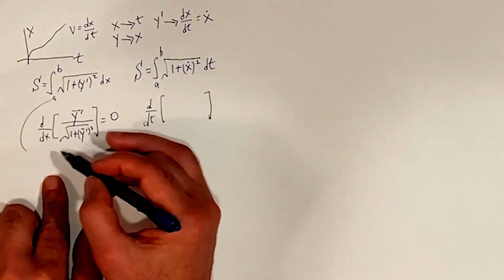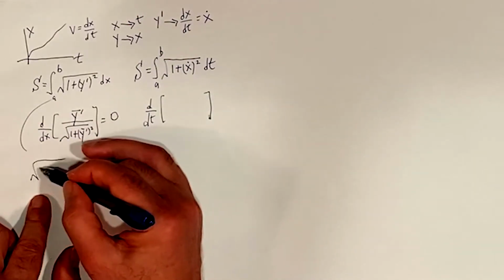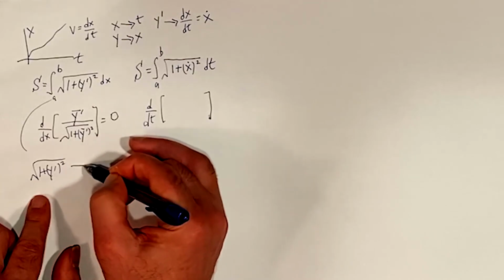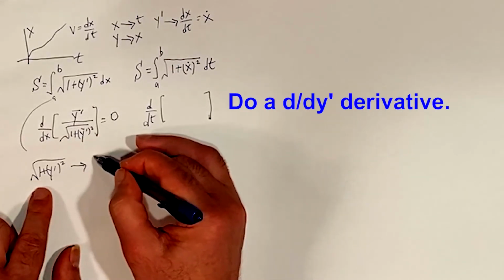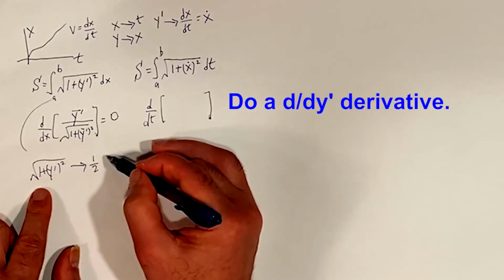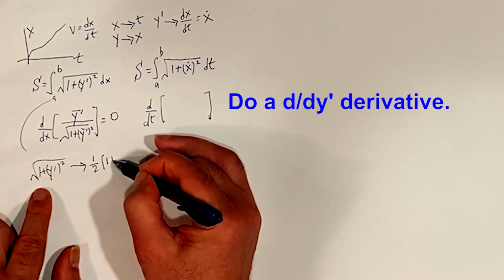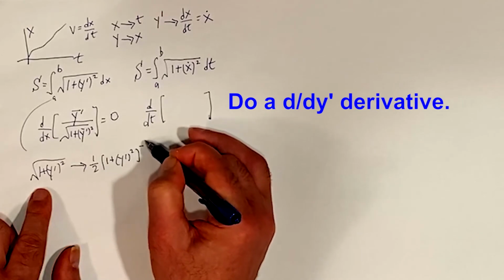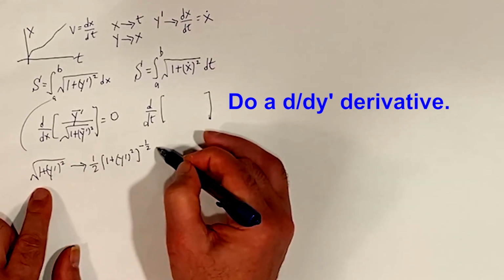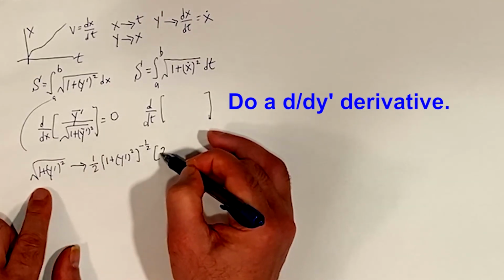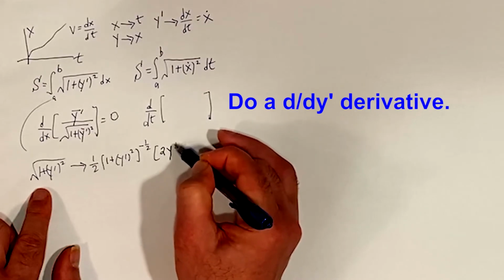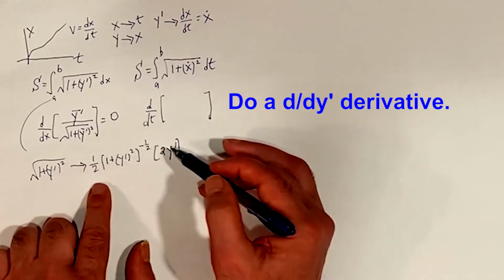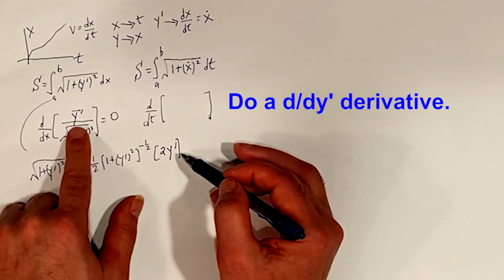If you look at 1 plus y prime squared and take a derivative, the 1/2 comes down, and you get 1 plus y prime squared to the negative 1/2, and then the derivative of the inside, 2y prime. So the 2 cancels that 1/2, and that is what you got on the inside here.